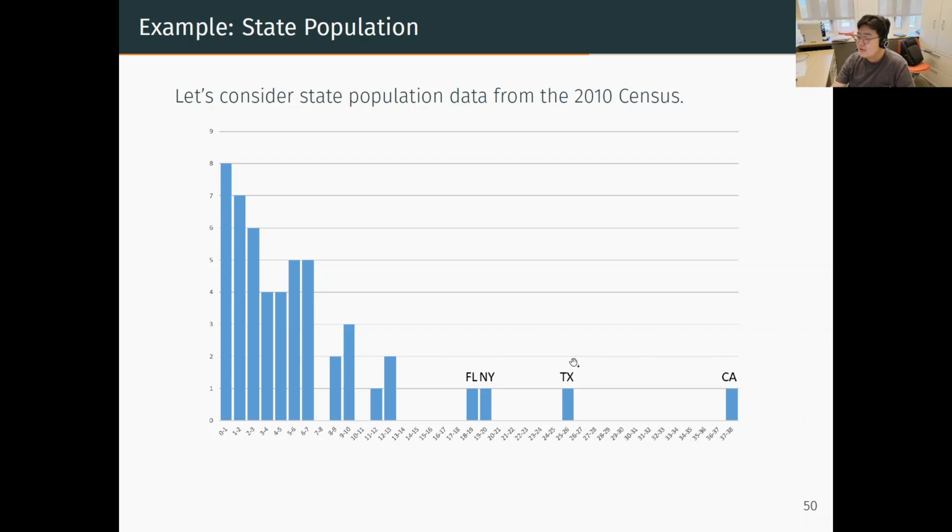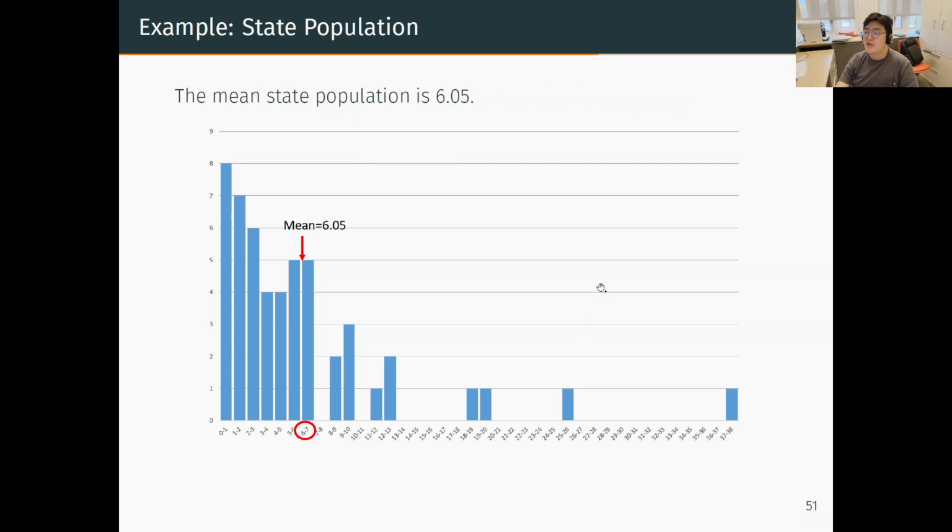Then I will take them as data and calculate the mean. The mean state population is 6.05 million, which lies in the interval between 6 and 7, closer to 6.